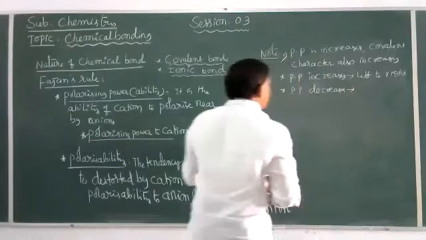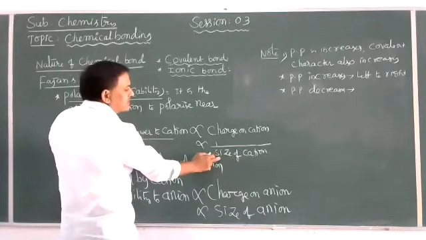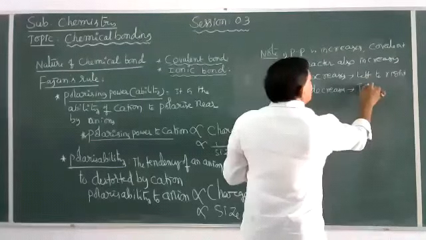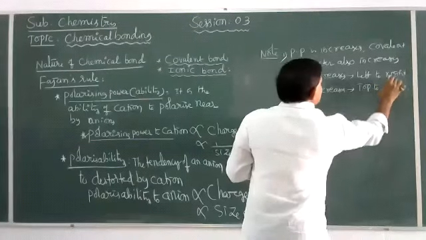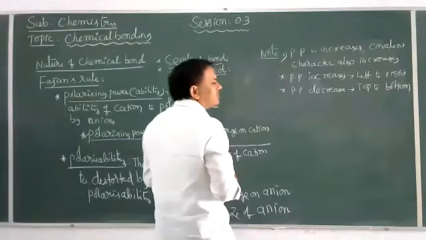Polarizing power decreases from top to bottom in the periodic table, because the size of the cation increases.